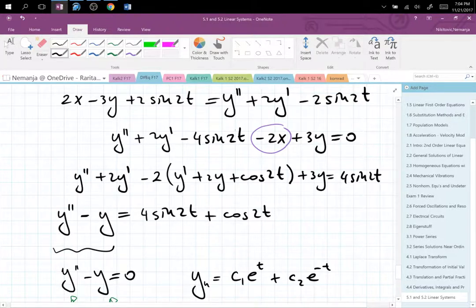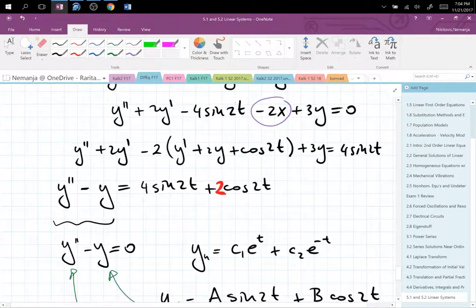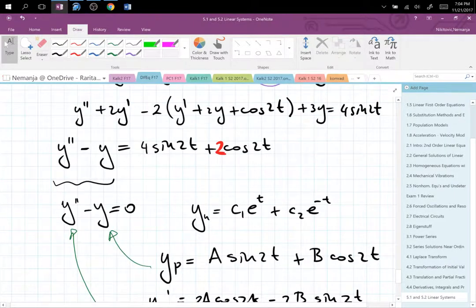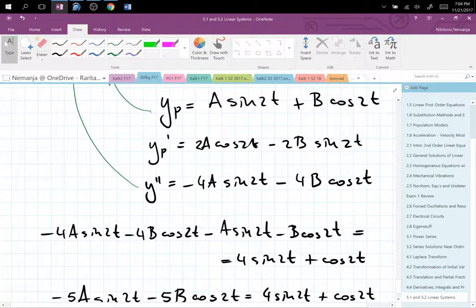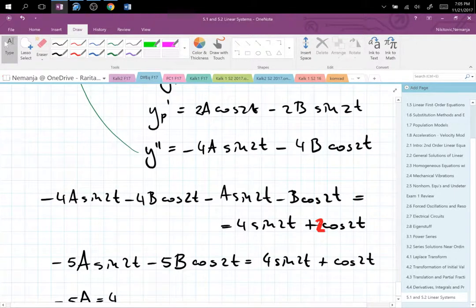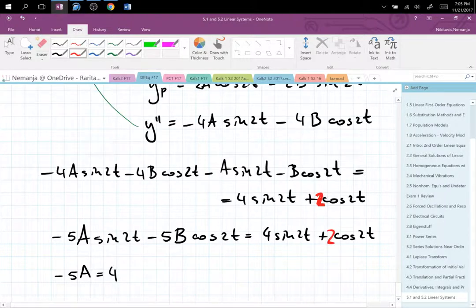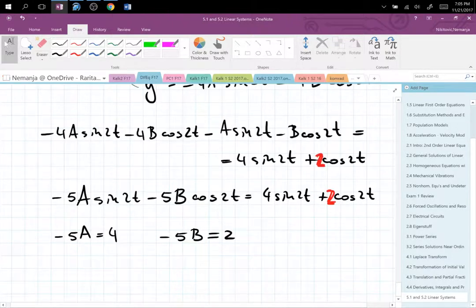Oh, there is a 2 over here. Wow, that messed everything up. Okay, so that makes a 2 over here, and a 2 over here. All right. Negative 5b, well, thank you. So a is equal to negative 4/5 and b is equal to negative 2/5.